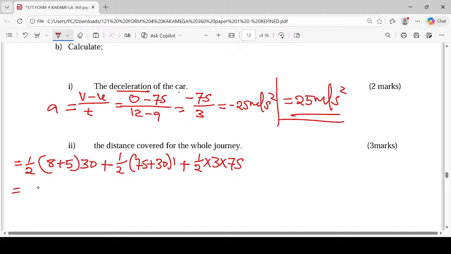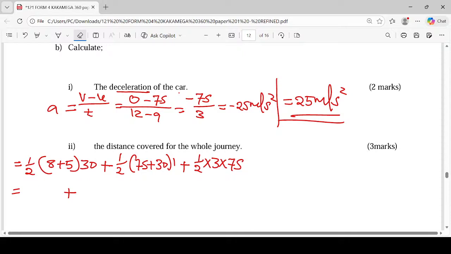Sorry, let me be very keen here. A half into (A plus B) H. So that will be a half multiplied by 13 multiplied by 30. That's 195. This is 195 plus a half multiplied by 75 plus 30, that's 105, times 1, that is 52.5.